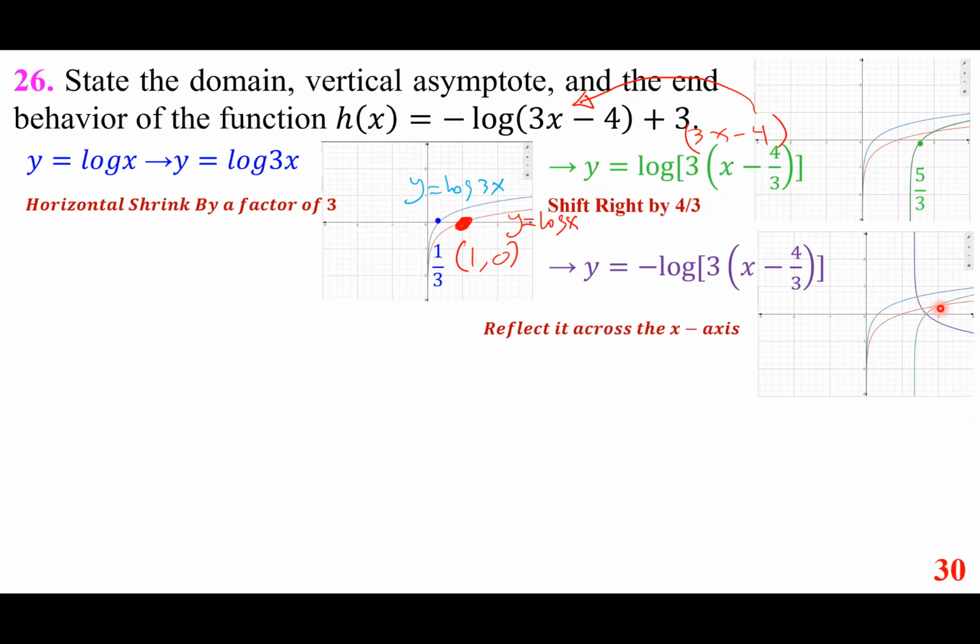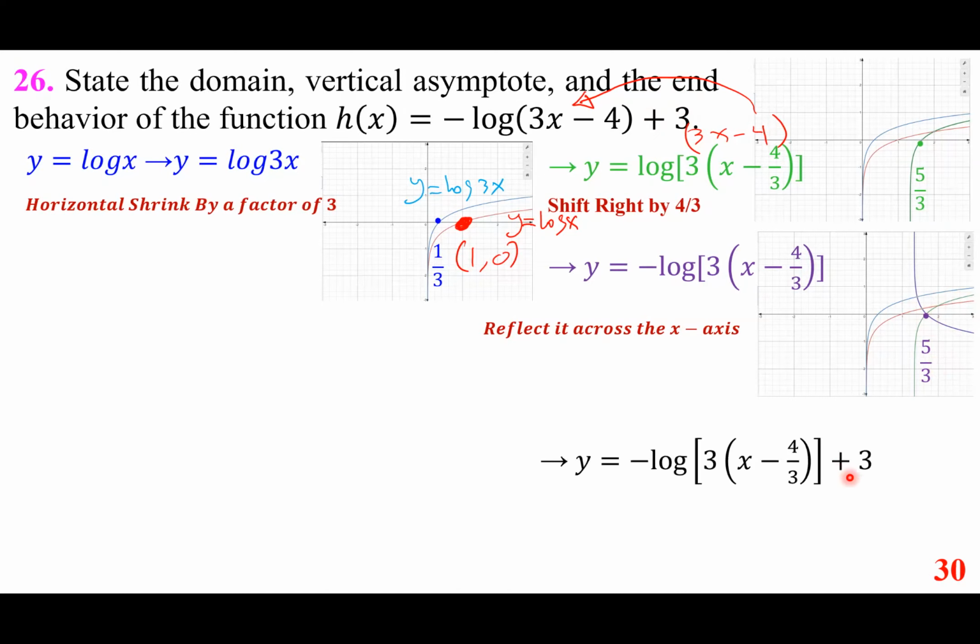The effect is that as it flips over, the x-intercept, which was (5/3, 0), doesn't change, it just flips over. Now, plus 3, that means now pick it up and take it up by 3 units. So this still has (5/3, 0) as the x-intercept.